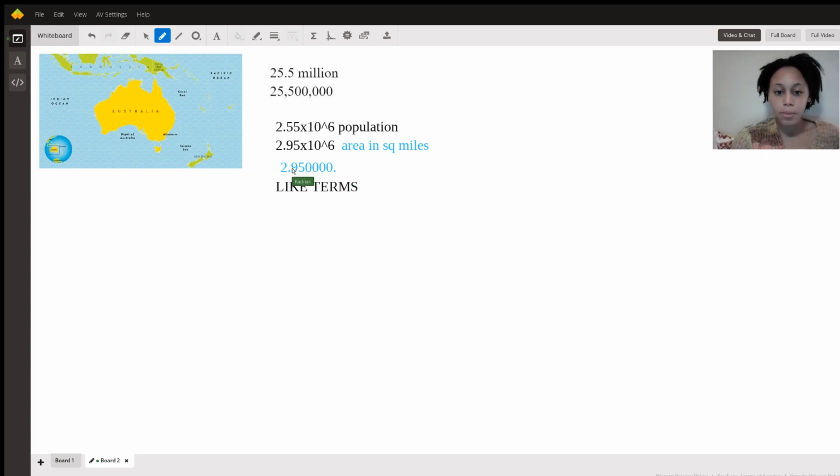Yep, that's right. Really, that is 2,950,000 square miles. But we don't want to deal with those really large numbers. So we're going to put the decimal back to where it was, 6 places to the left. 1, 2, 3, 4, 5, 6, and leave it how they have it.